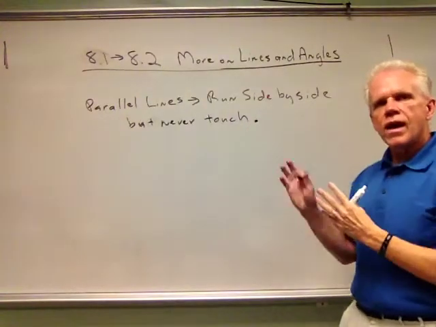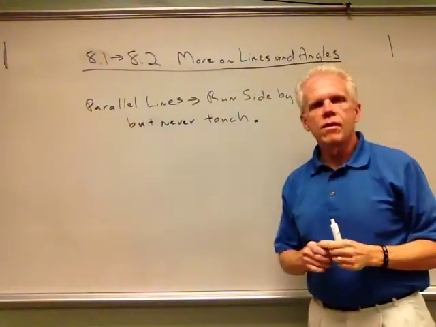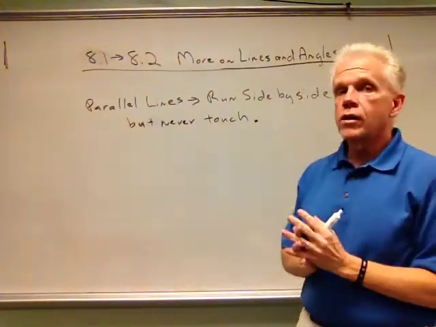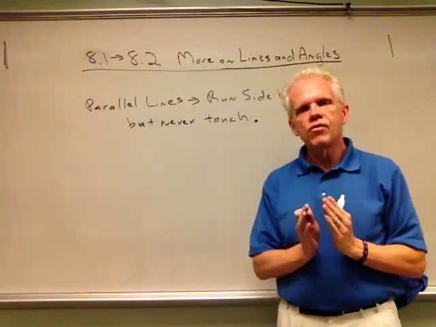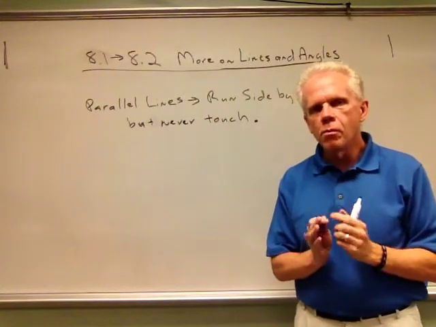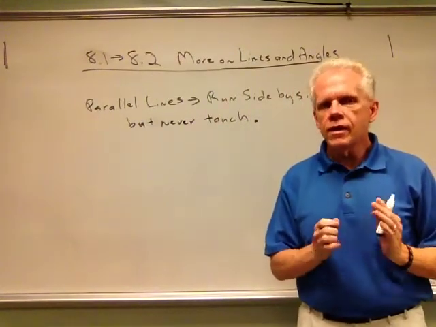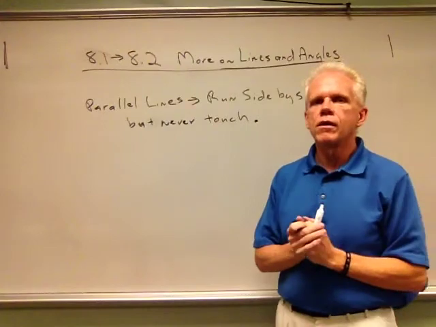And it's not exactly true to say they run side by side but never touch. They actually may be quite a distance away from one another. The key is they keep the same distance apart at all points on each line. They never get any closer together. They never get any farther apart.